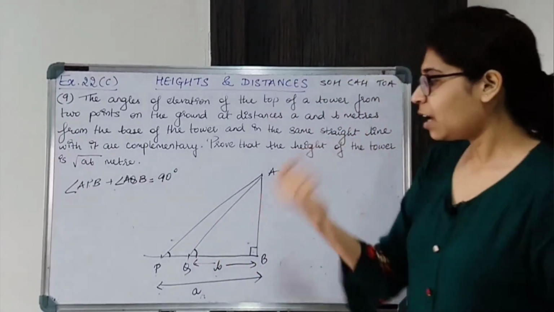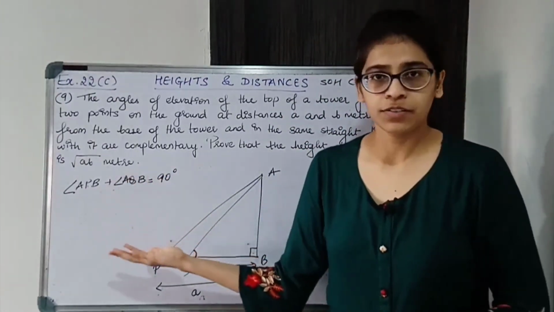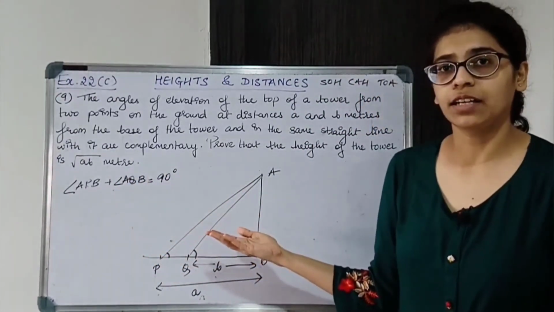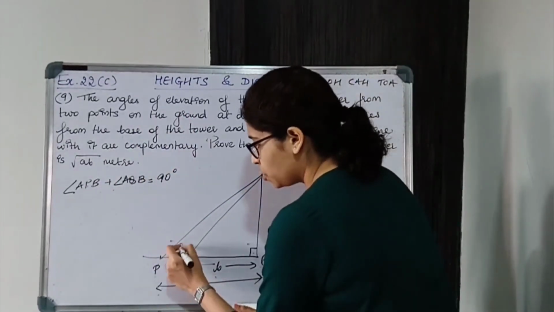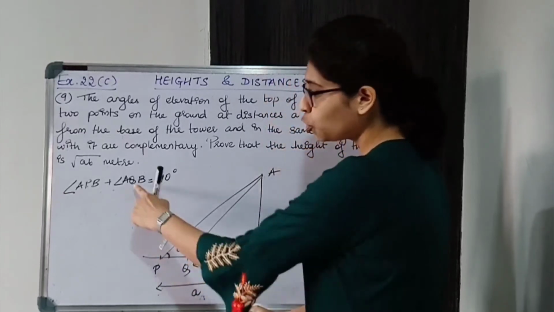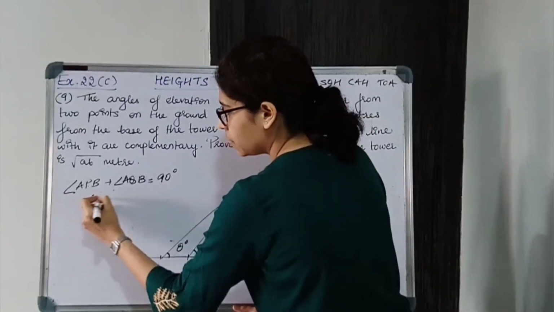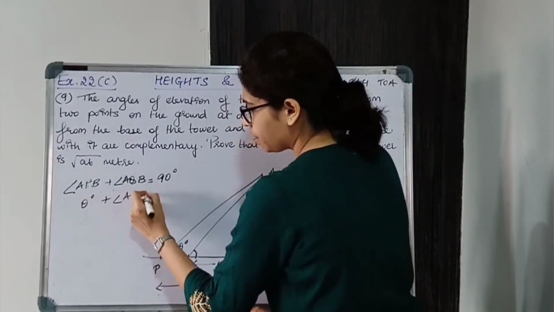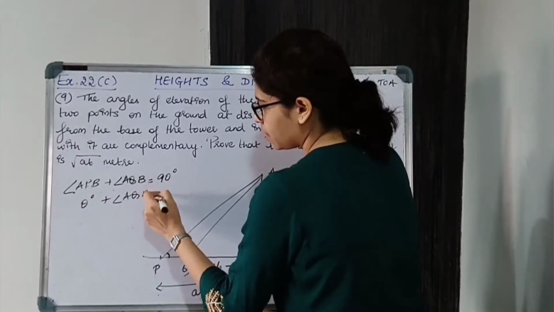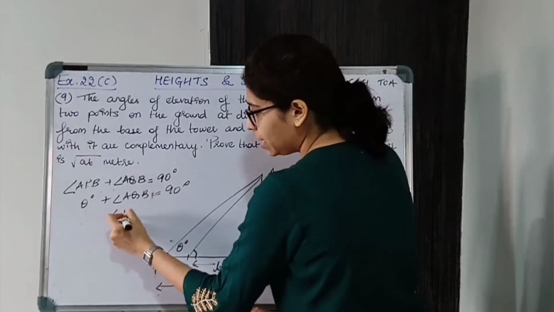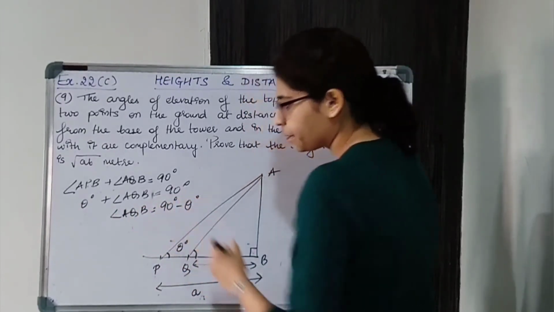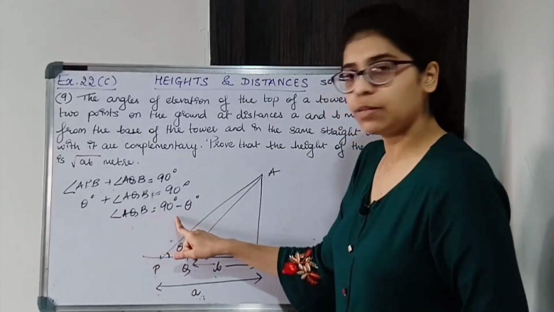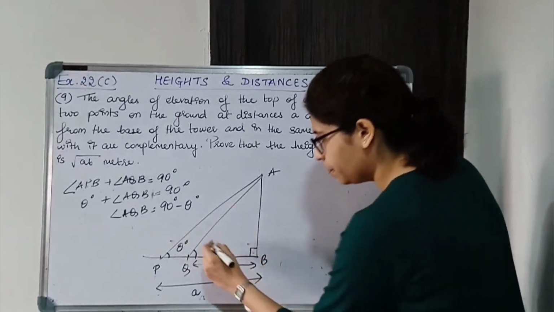Okay, now we don't know the measure of one of the angles, so we cannot even find the other angle. But if we assume this angle to be theta, let us assume this to be theta, so what will be this angle? If this is theta, so angle AQB will be 90 minus theta, correct?